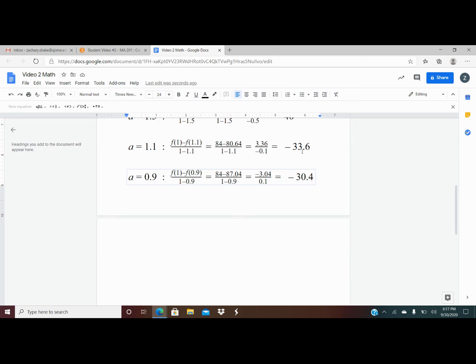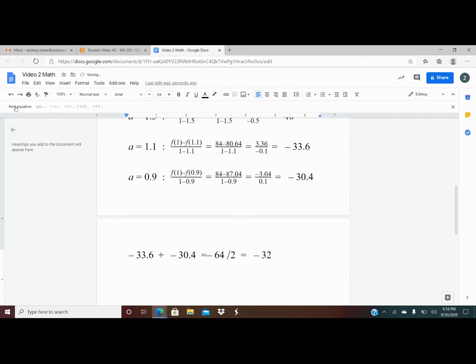Negative 33.6 plus negative 30.4 equals negative 64. Since it's two values, we're going to divide that by 2, and we have negative 32.